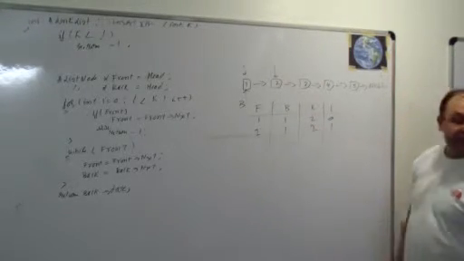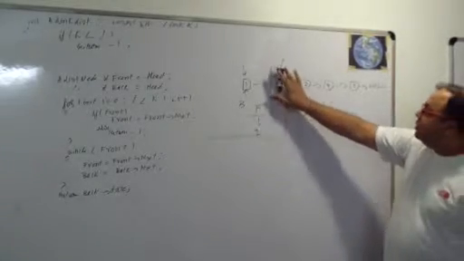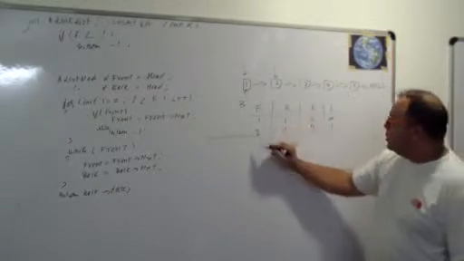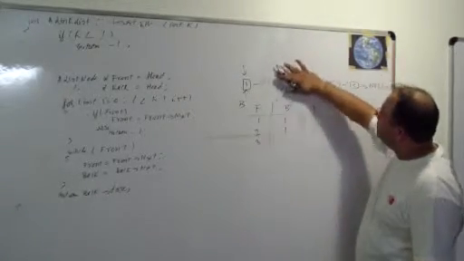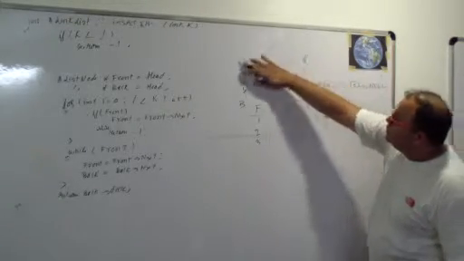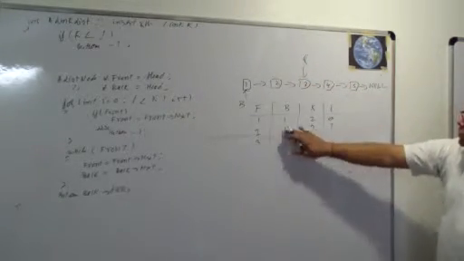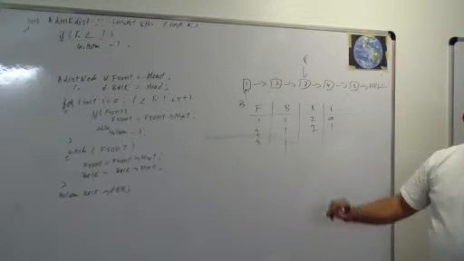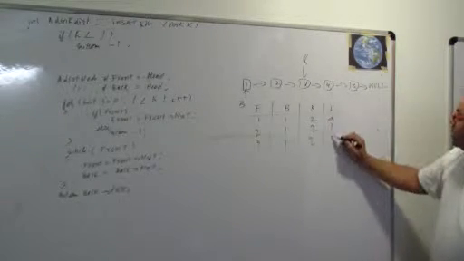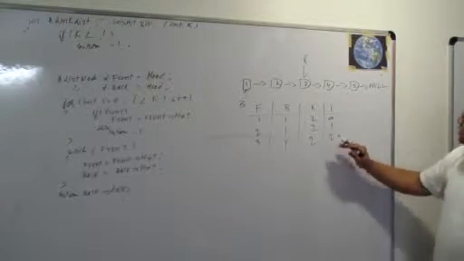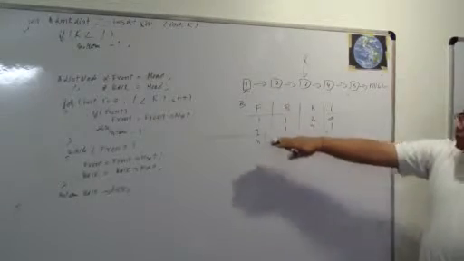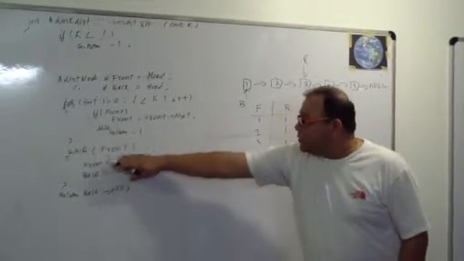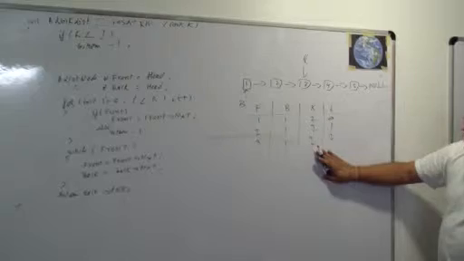K is 2, I is 1. One more. Front is at 3, back is at 1, k is 2, I is 2. We will break out of this loop now. We come over here, while front exists.